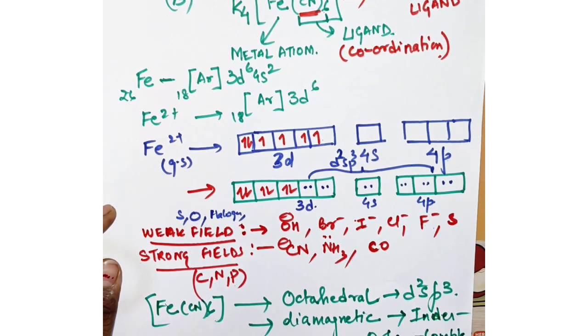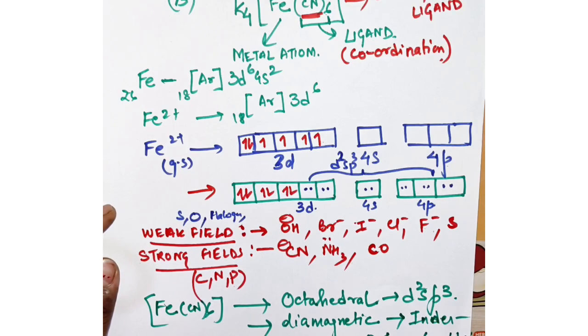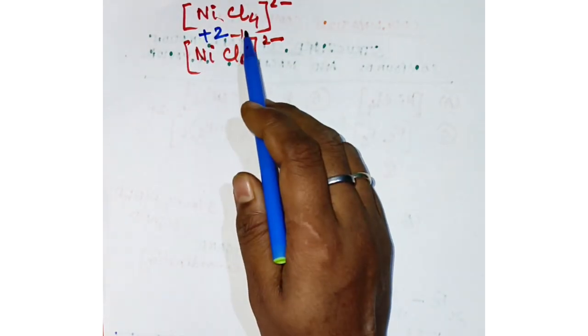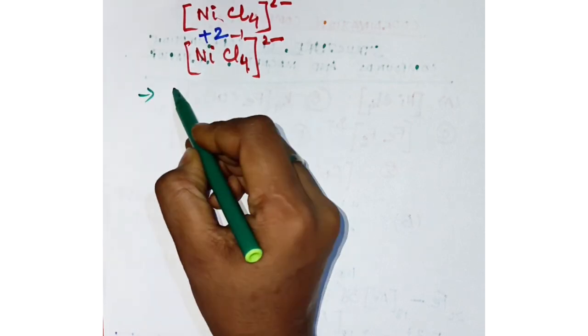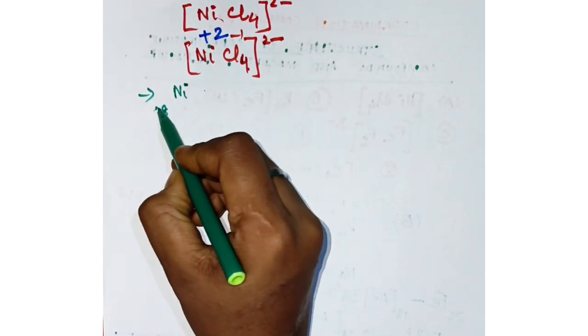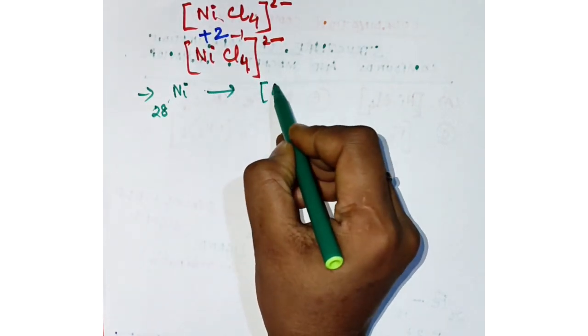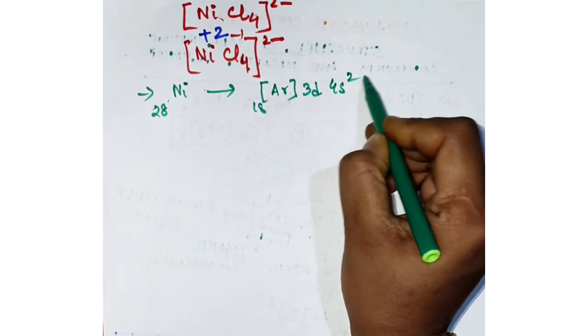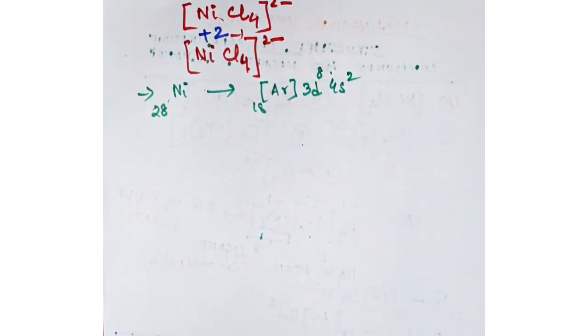Okay, so this way we will do all the other molecules also. NiCl4 2 minus, so the charge is 2 minus, so what will nickel be? It will be plus 2. Why? 4 minus 2, it is plus 2. Okay, so now nickel, we know it is 28, so it is argon 18, 3d8 4s2.